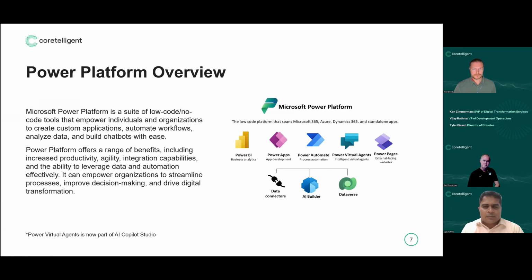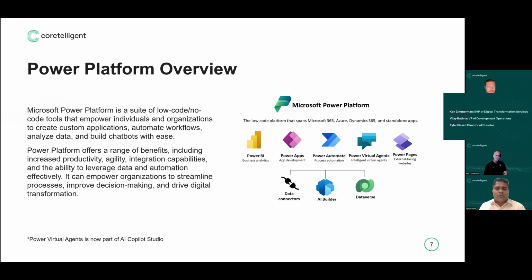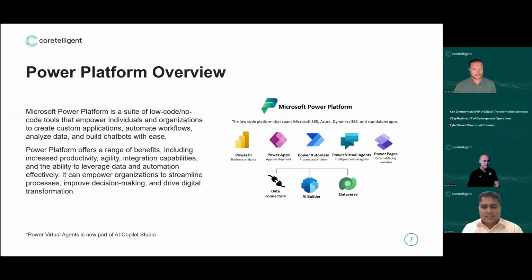Basically, Power Platform is a set of tools or applications provided by Microsoft, where it's a low-code platform. It means, or no-code platform means you will have to write minimum or no code to develop business applications. And within the Power Platform, there are at least 4 major tools which will allow you to cater to a variety of business use cases.